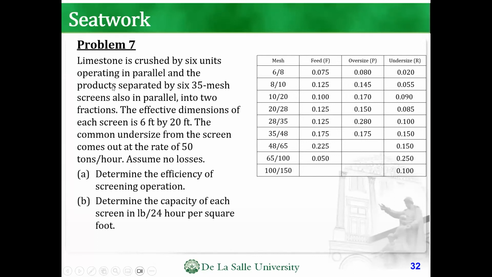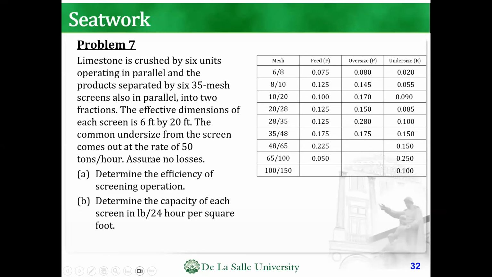Problem number 7. Limestone is crushed by 6 units operating in parallel and the product separated by 6 35 mesh screens, also in parallel, into 2 fractions. The effective dimensions of each screen is 6 feet by 20 feet. The common undersize from the screen comes out at a rate of 50 tons per hour.